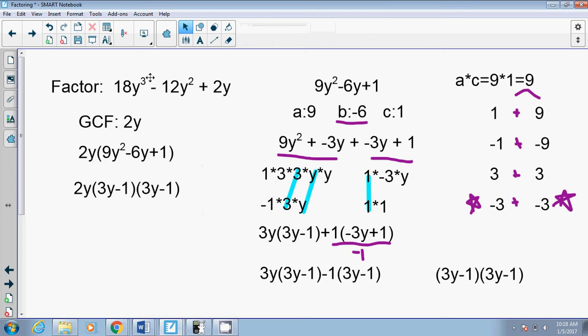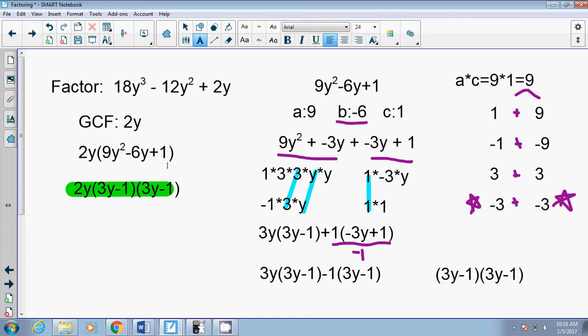So my factored form of 18y cubed minus 12y squared plus 2y is, let me highlight it here so that way we know it's the right answer, 2y times the quantity 3y minus 1 times the quantity 3y minus 1.